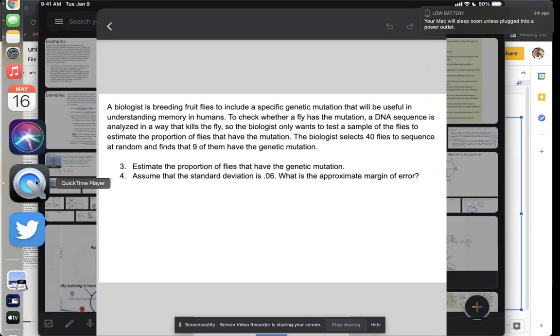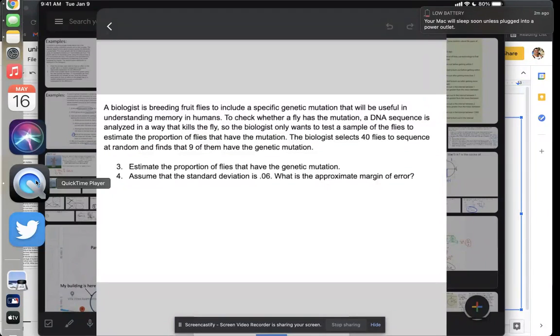A biologist is breeding fruit flies to include a specific genetic mutation that will be useful in understanding memory in humans. To check whether a fly has the mutation, a DNA sequence is analyzed in a way that kills the fly.